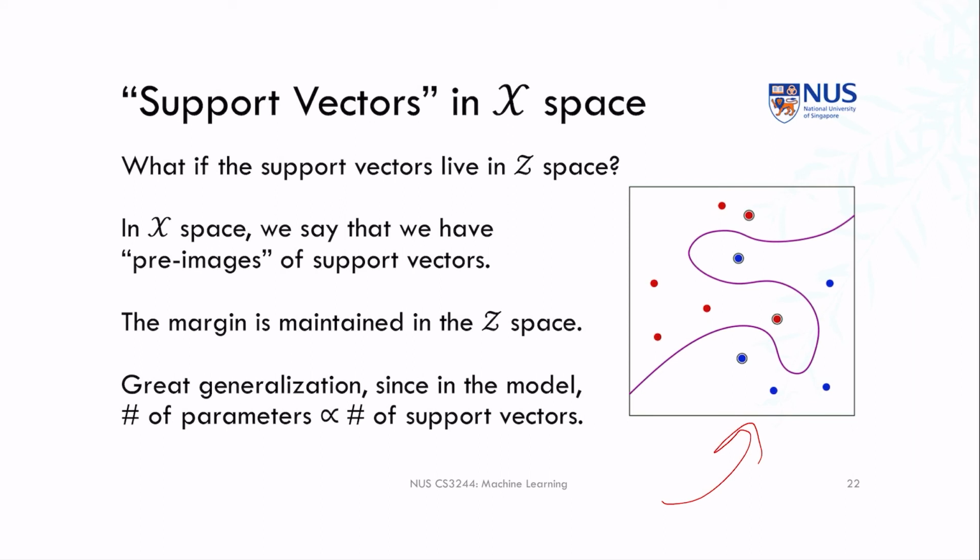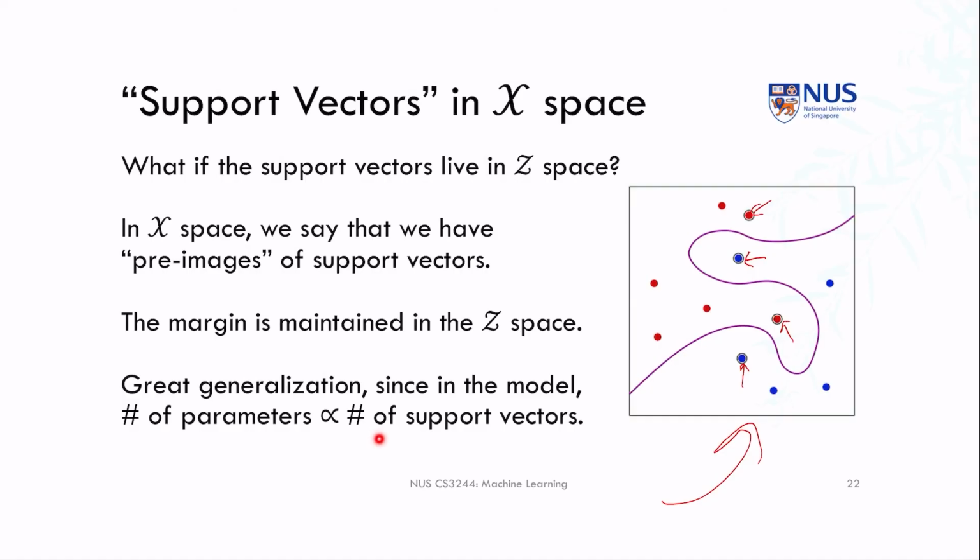When the support vectors live in Z space, when we see them in the original X space, we call these pre-images of support vectors. You can see some of them here. The ones with the slightly darker circle around them, these are the support vectors that when we blow it into high dimensional Z space, they're actually sitting nice and pretty as the support vectors on a linear hyperplane.